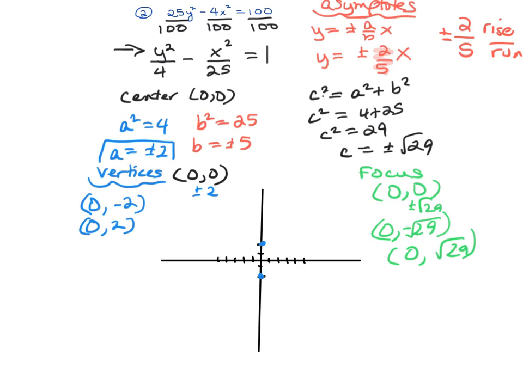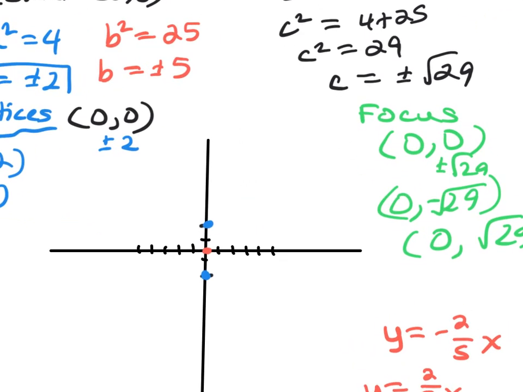I'm also going to graph my asymptotes. So I'm going to be graphing y equals negative 2 over 5x and y equals positive 2 over 5x. Notice my b, or my y-intercept, is 0, 0. So I'm going to rise 2. If I do the negative one first, I could go down 2 and to the right 5, or I could go up and left.